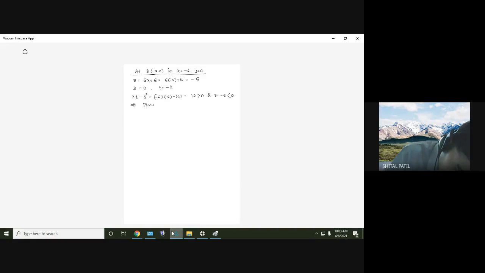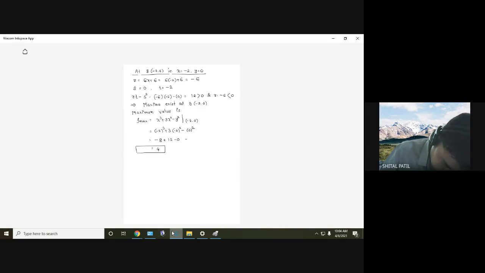Therefore, maxima exists. Maximum value is, with y equal to 0, f max equal to 4. Hope you are getting what we are doing exactly.